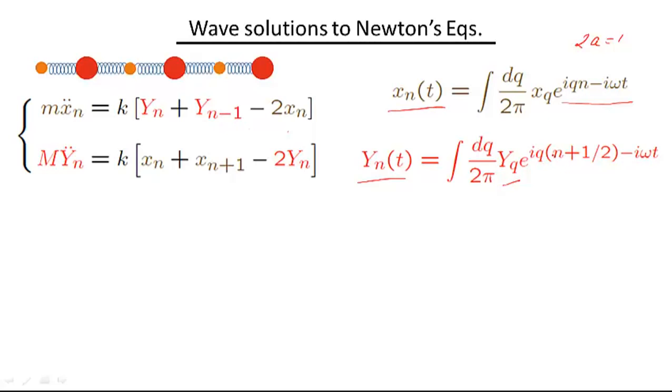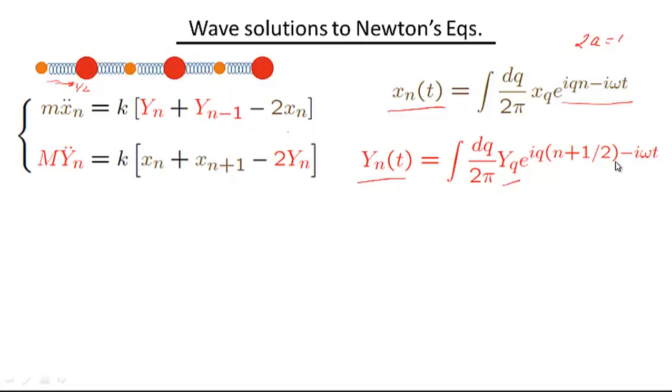And here I use q times n plus 1/2 because this one is shifted by 1/2 in my units of length relative to the light atom. And importantly here I have the time dependence again, which is consistent with the wave-like behavior. So we assume essentially that whatever solutions there are, these solutions represent waves running through this crystal.